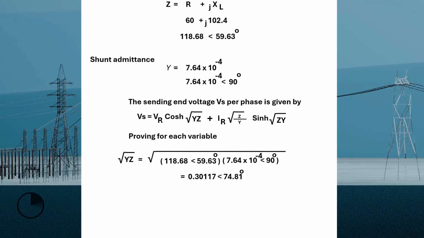That is, the square root of impedance multiplied by admittance will be equal to the square root of open bracket 118.68 at an angle 59.63 degrees close bracket multiplied by open bracket 7.64 times 10 raised to power minus 4 at an angle of 90 degrees close bracket. The resultant of this will be 0.30117 at an angle of 74.81 degrees.